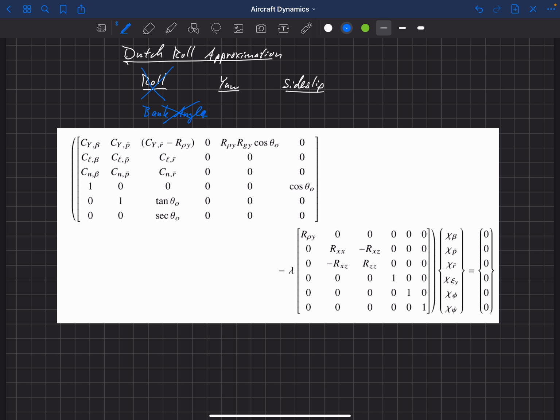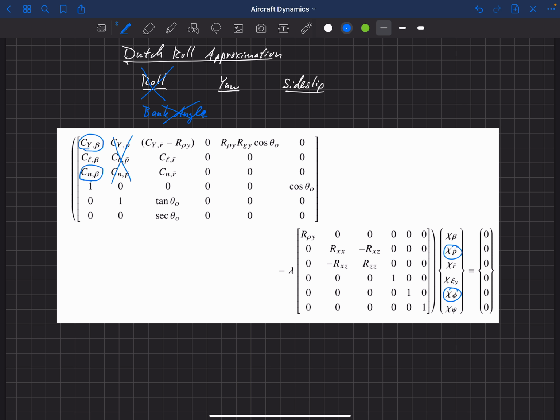If you neglect the dependency on roll and bank angle, and do that throughout here, for example, we'd neglect the rolling terms here. Anyway, you can whittle this down so that you're left with only four terms here.